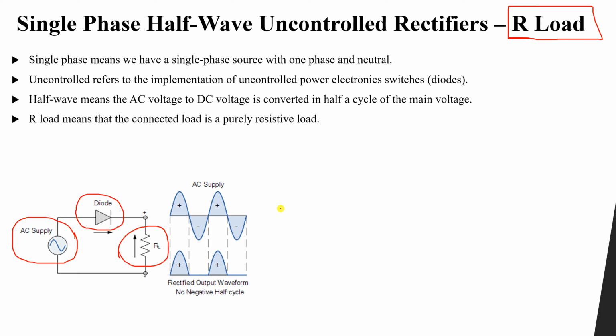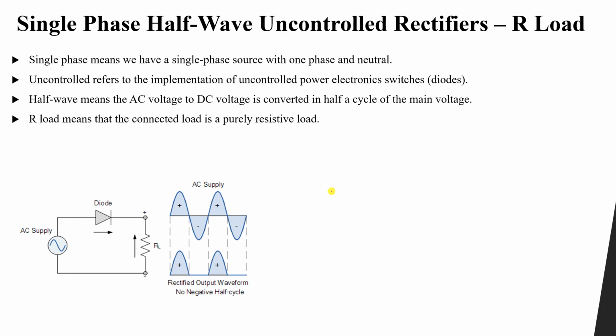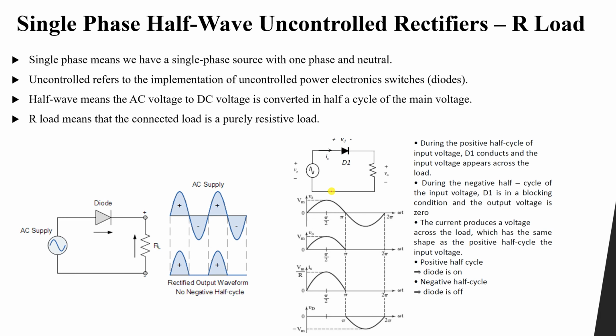Okay, now let's understand how this circuit works. So what happens exactly? This circuit is similar to this one. During the positive half cycle of the input voltage, now remember, this is our diode, right? And what we learned before is that the current flows in the same direction as the diode.